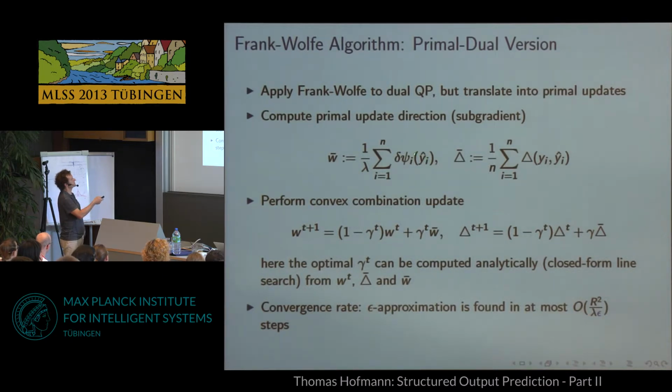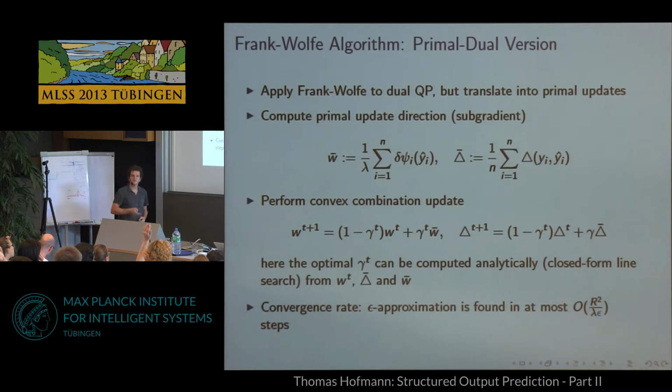And the way these y hats are chosen is exactly the corner that is given to you by the separation oracle call. So that now looks a little bit more like the subgradient method, where this direction, this W bar, would effectively be the subgradient that you've chosen. And that achieves a convergence rate of 1 over epsilon, where epsilon is our approximation guarantee, the tolerance that we are willing to allow for.